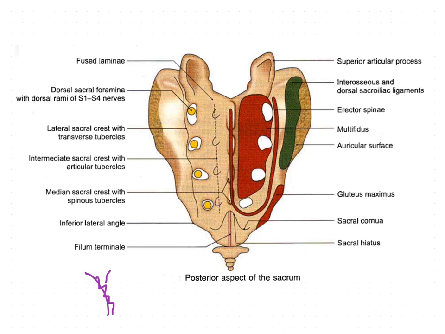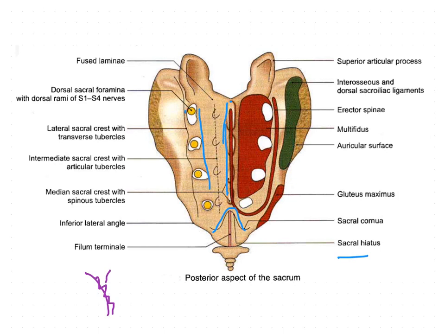One is the median sacral crest. Here you can see the median sacral crest. And also the sacral hiatus. You can see this is the sacral hiatus, and the dorsal sacral foramens. These are the dorsal sacral foramens.